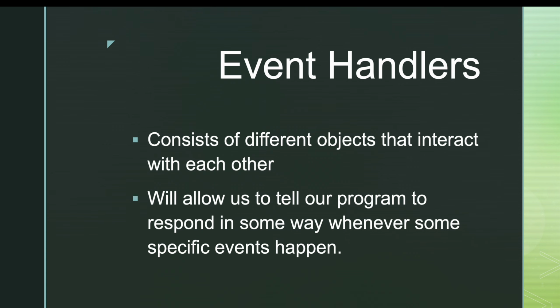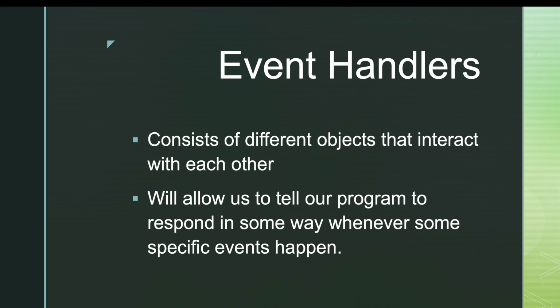Event handlers consist of different objects that interact with each other. An example of objects that may interact within the program could be a button, your icons, your labels, your frames, your panels. So everything that we have created in the previous lectures can be considered objects that may interact with each other.